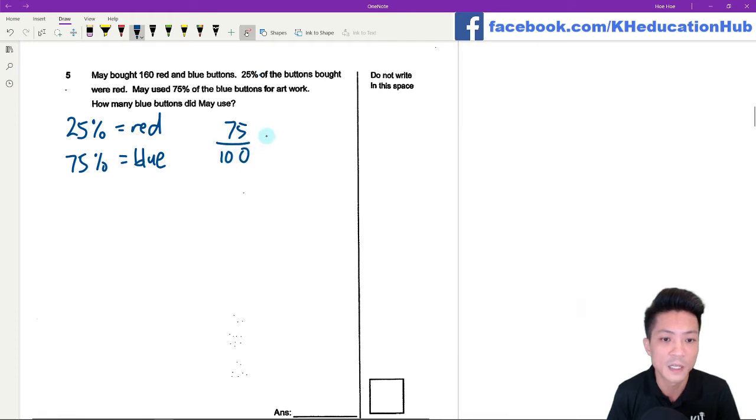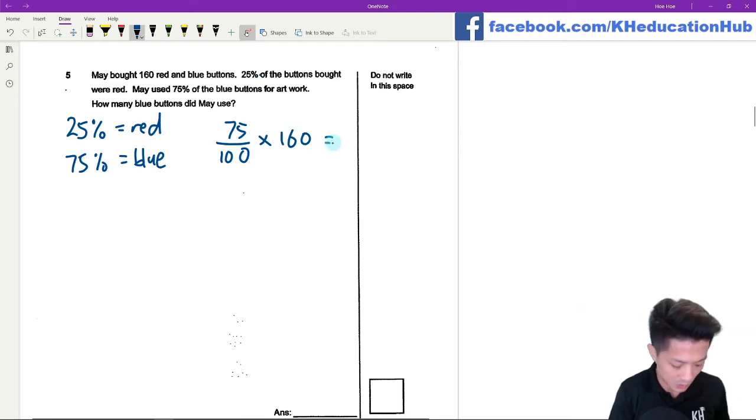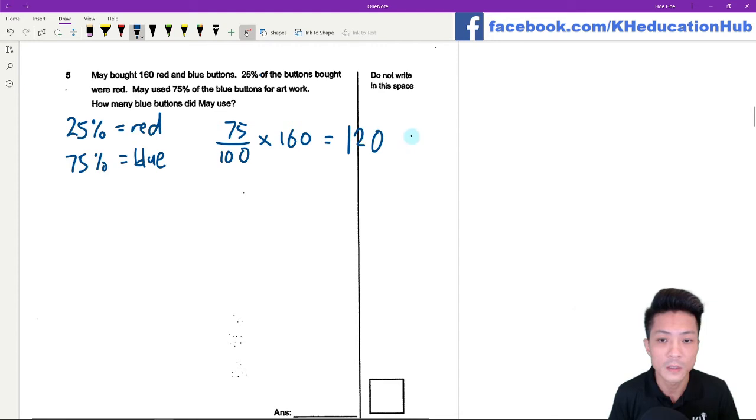Okay, the first thing that we're gonna find is how many blue buttons are there. We're gonna find 75% of 160 buttons. That is going to give me 120 blue. And May used 75% of the blue buttons for artwork.